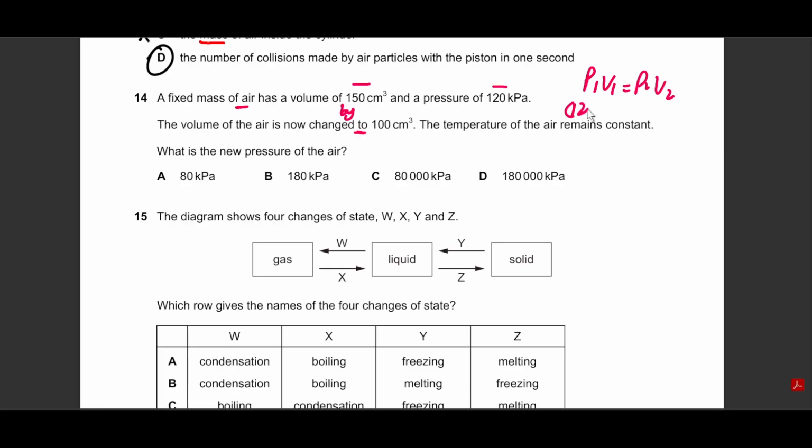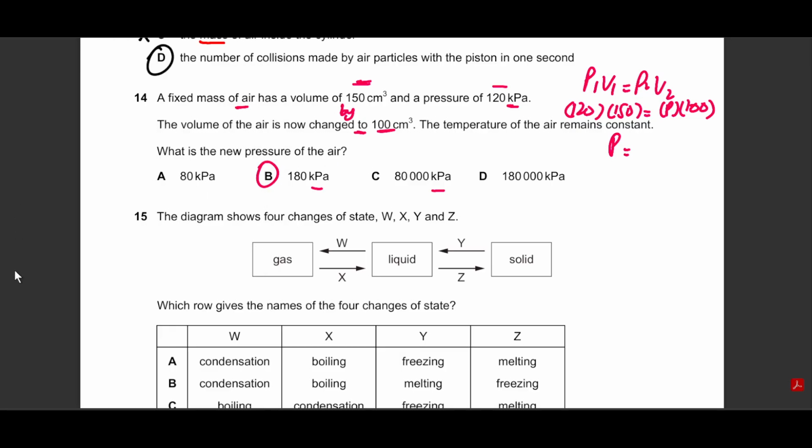Initial pressure is 120. I'm not ignoring the kilopascals because my answer also has kilopascals, and it will eventually come out right. Then we have 150 volume equals new pressure, which is to be found, and new volume, which is 100. When you solve this problem, your final answer is going to come out as 180.